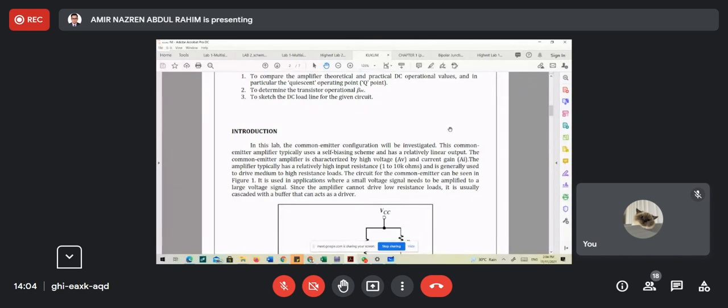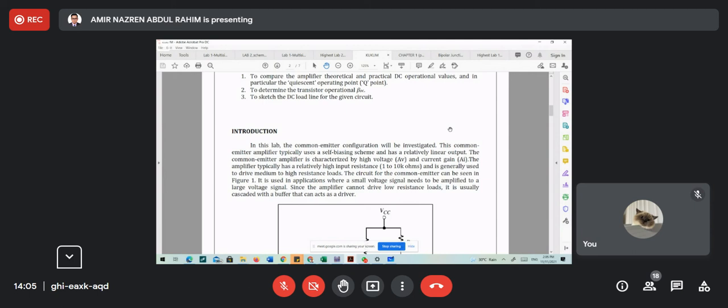The common emitter amplifier is characterized by a high voltage and current gain. The motivation for the amplifier is that we want to amplify the input from a small signal to a bigger signal.